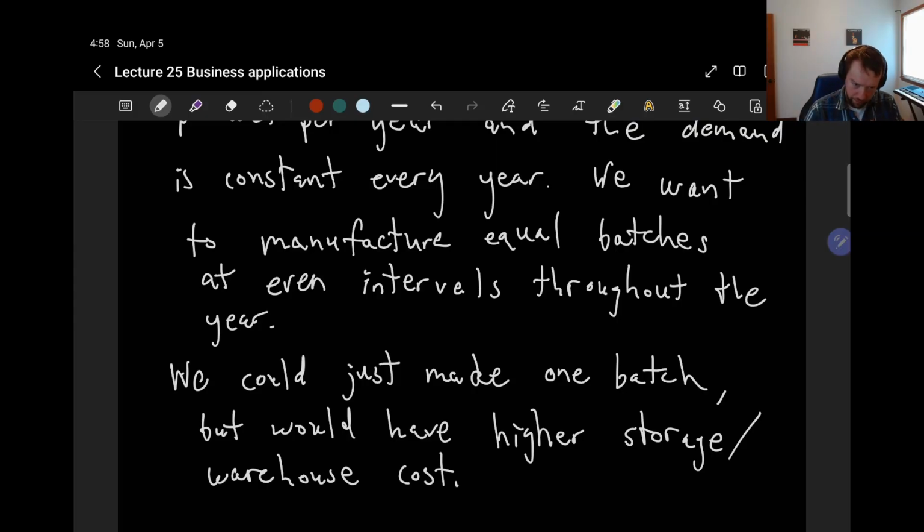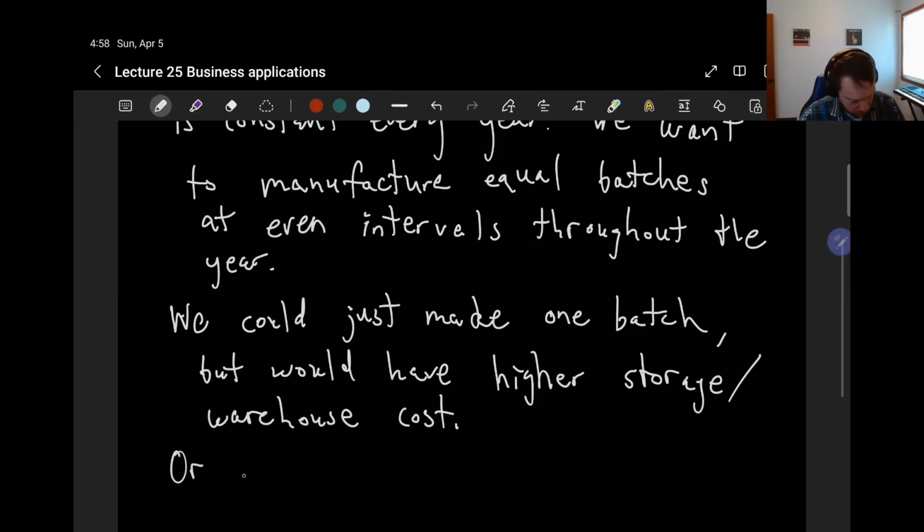On the flip side, if we produce a bunch of batches of our product way too often so that we're basically never using storage, well, we would minimize storage cost, but that would maximize manufacturing cost. Or we could produce many small batches.